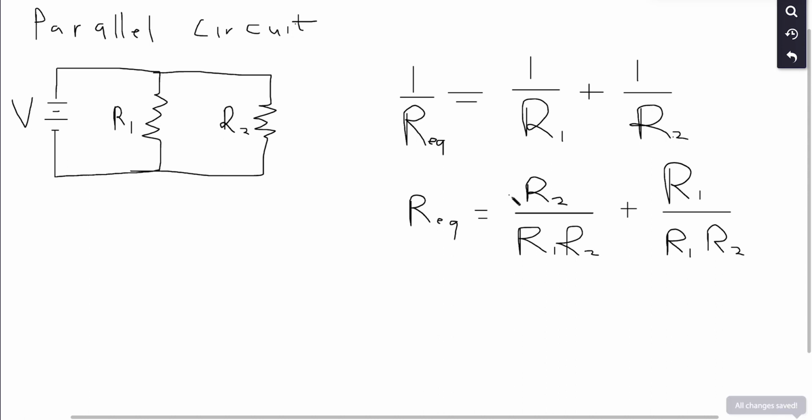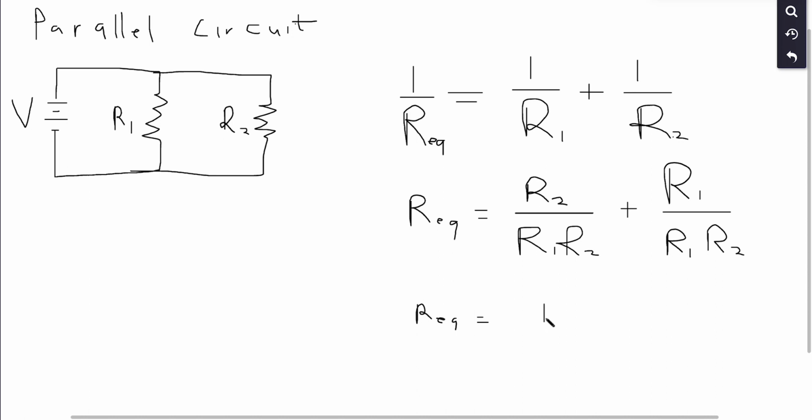And then to solve for the equivalent resistance, another thing, now because they have the same denominator, we don't really need to keep both denominators separately, right?